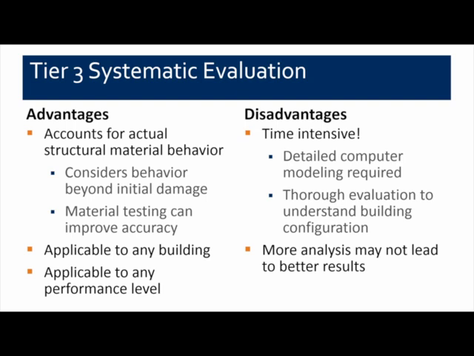Material testing to determine the actual properties of those elements is encouraged to greatly improve the accuracy of the results. And you can look at multiple levels of performance using this type of approach, in contrast to the other types of performance.